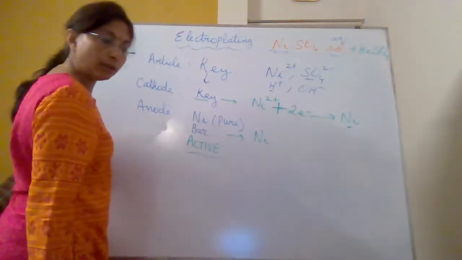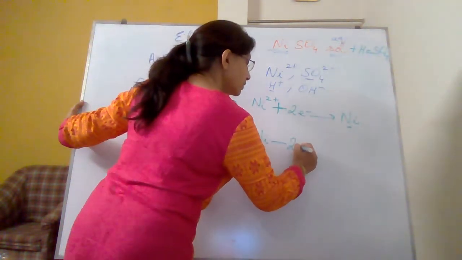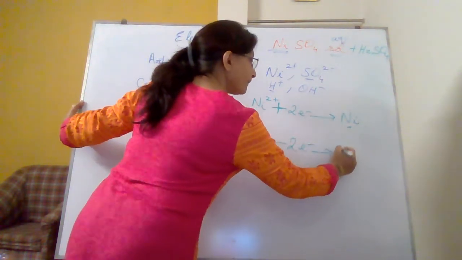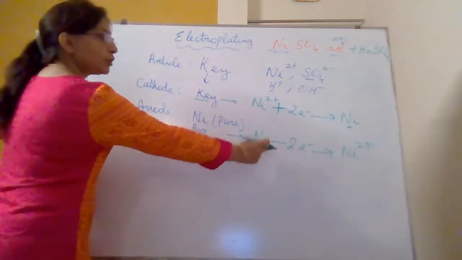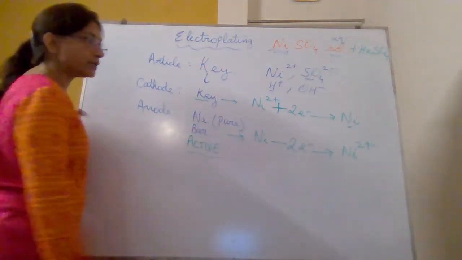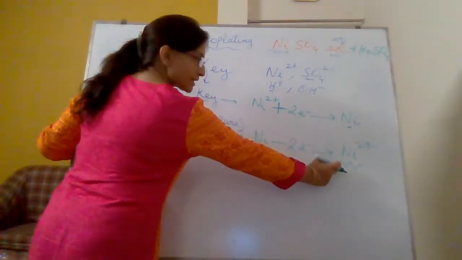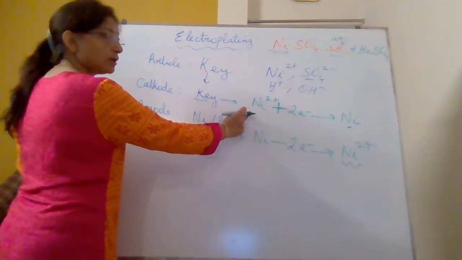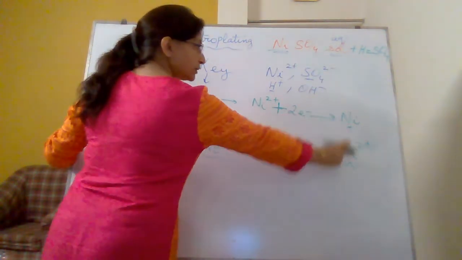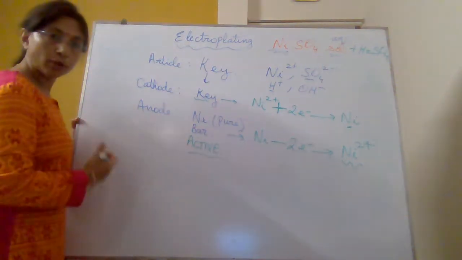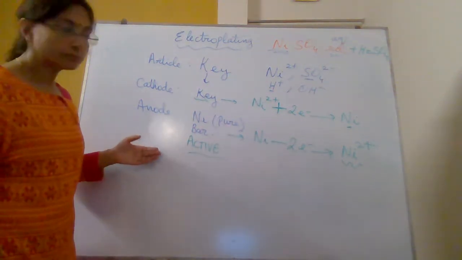The nickel will produce its own ions by the loss of 2 electrons, right? And these are the cations which are produced. These cations then migrate towards the cathode and will be discharged and deposited. That is how the whole electroplating of nickel is done.